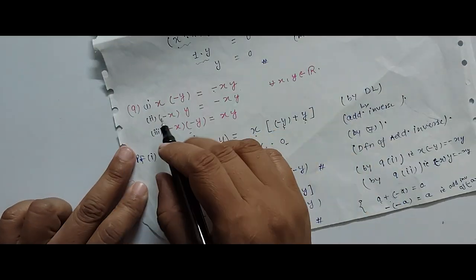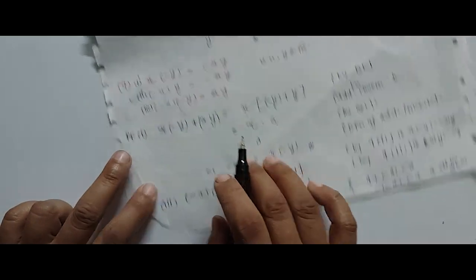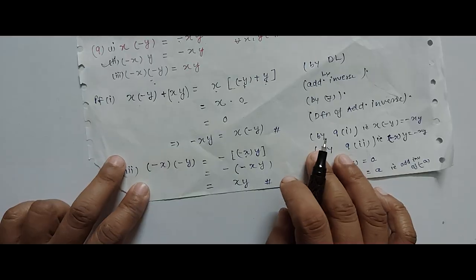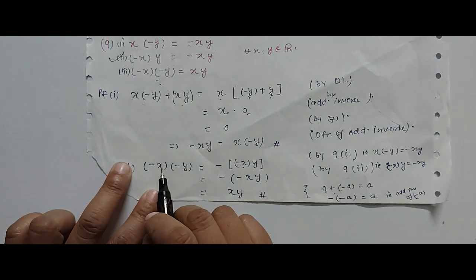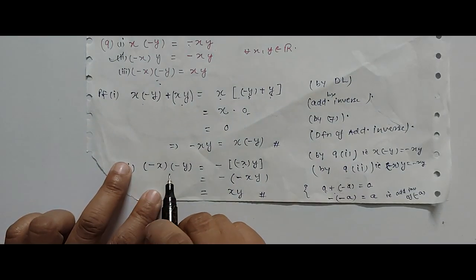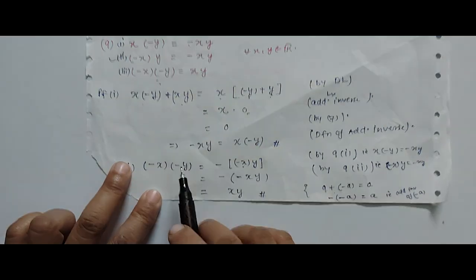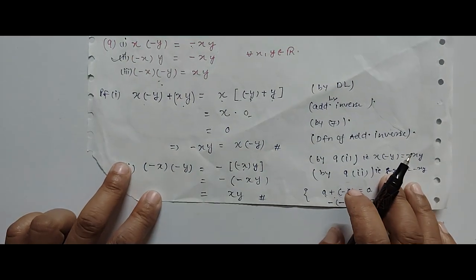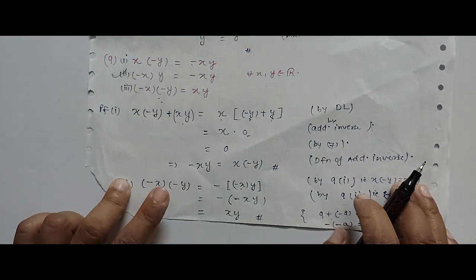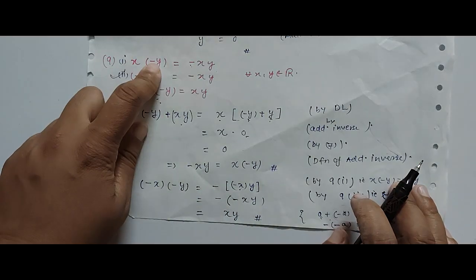Now similarly the second proof is almost similar. Third we can see here minus x minus y. Start from this left hand side, minus x minus y. So minus x minus y, here I am using again this first result.